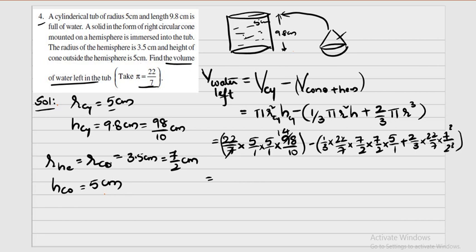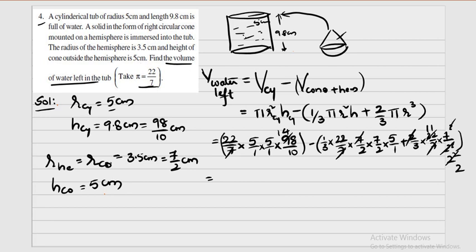Next here, what am I left with? One 7 gets cancelled. Next here also, what will happen? In 2 cube, one 2 will get cancelled, so this becomes 2 square. Again in this 2 square, in 22, 11 times it goes, cancelled, so in the denominator we are going to have 1 2.